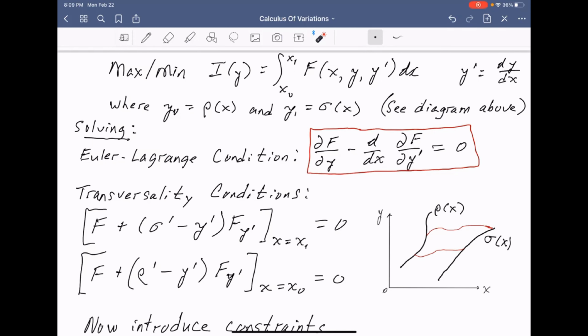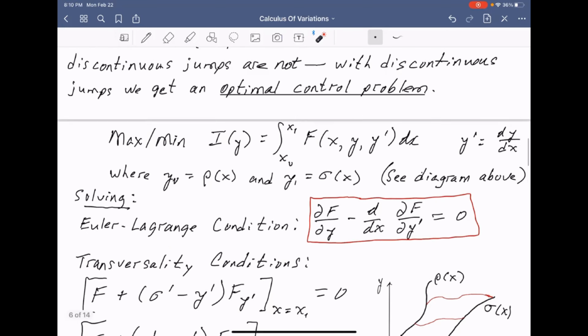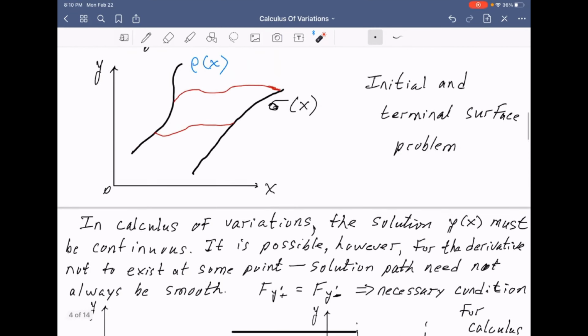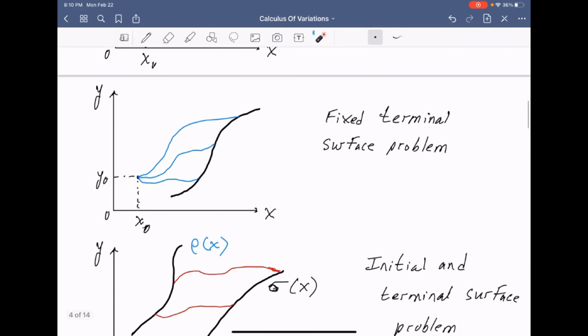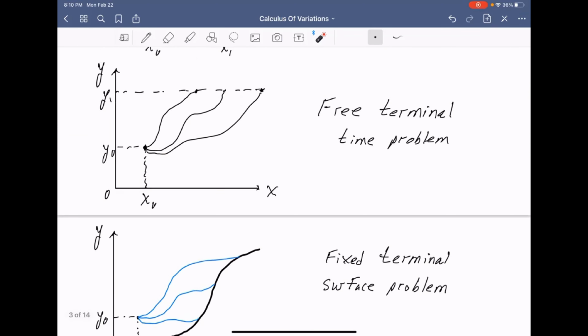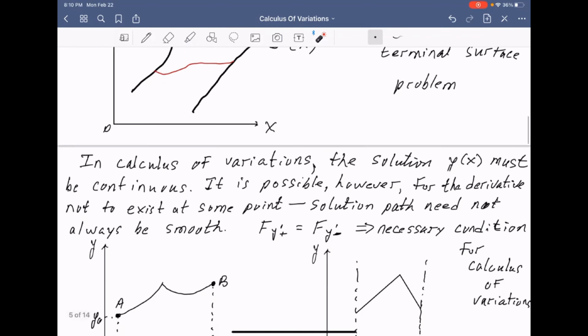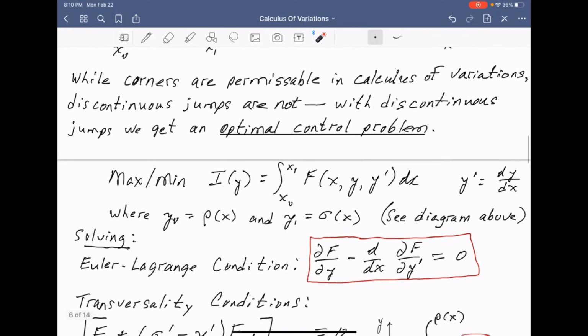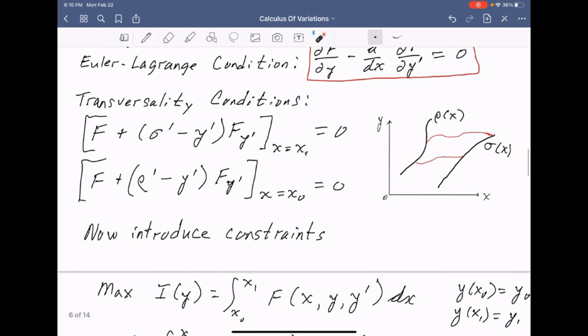We also have the two transversality conditions, and transversality conditions refer to these points here. So this one says you need to start somewhere on this line, and you need to end on this one. Some of the other transversality conditions we had in the diagrams above, where we started here and followed this path or that path, and likewise these kinds of problems. So the fixed terminal surface problem, those kinds of problems are what we have.